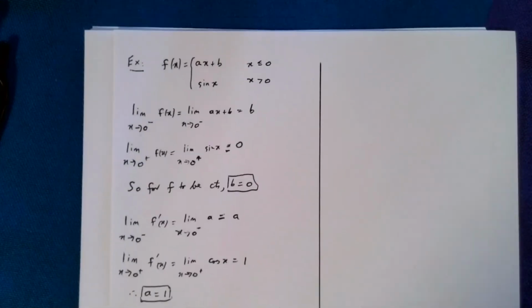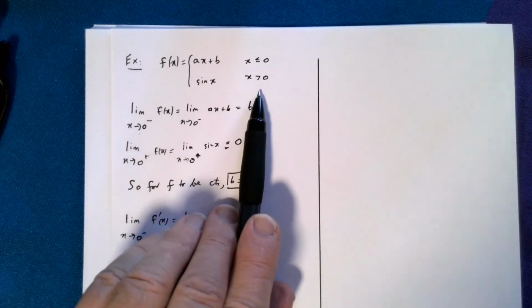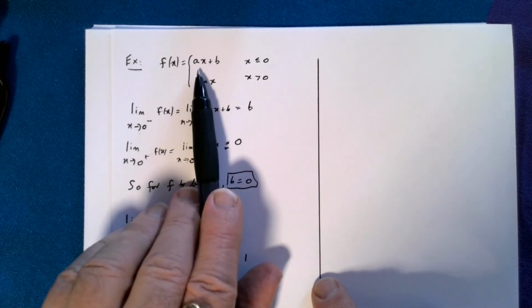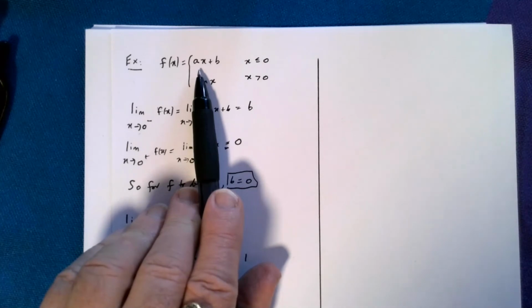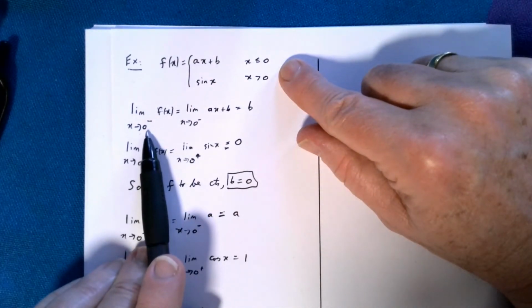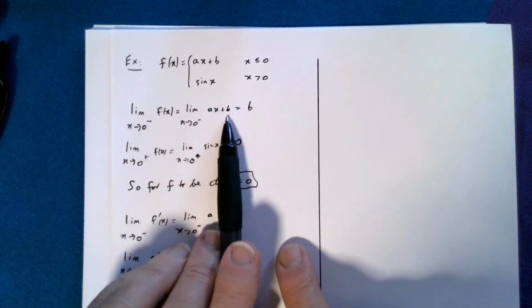So here's our function, f of x is ax plus b if x is negative, sine x if x is positive. So we've got a sine curve one side and a line the other. Now we need to check firstly for continuity. So I've got to make sure the two curves glue together properly. If I take a limit as x goes to 0 from below, then I'm using this form, so that's ax plus b.